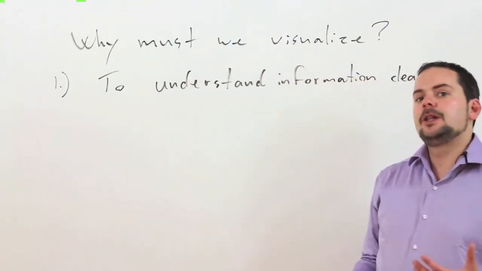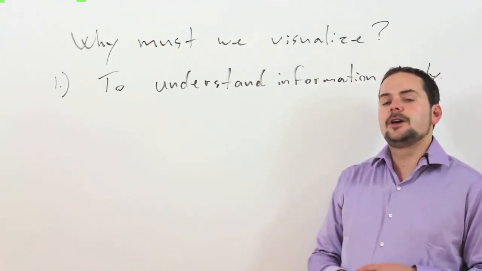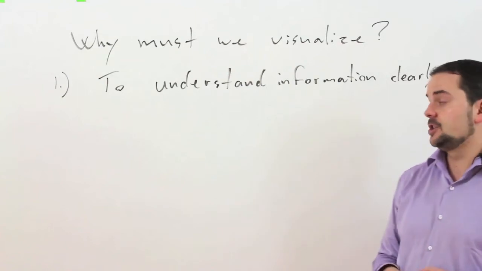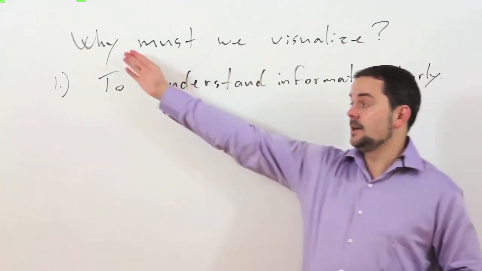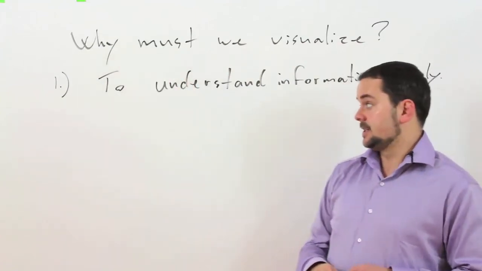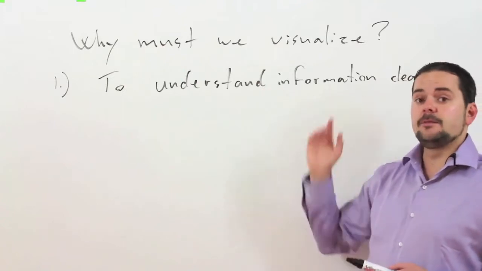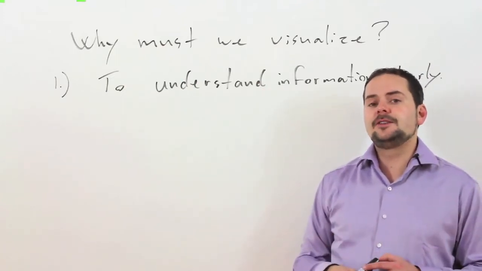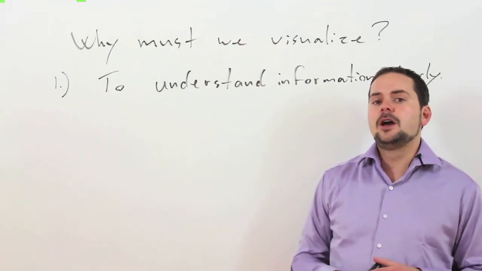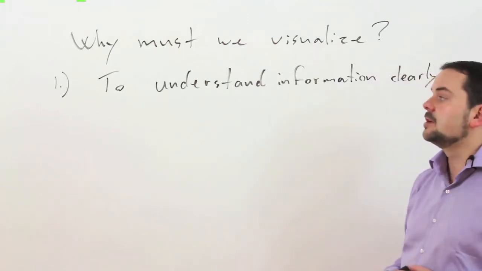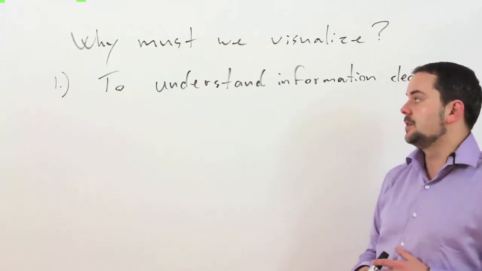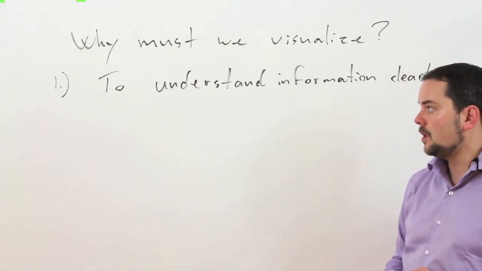Now, you probably realized at this point that for critical thinking, paraphrasing, and visualization, the first reason why we do these skills is because we want to understand information clearly. So it's very obvious that these three techniques or skills are extremely important for successful results on the IELTS exam.